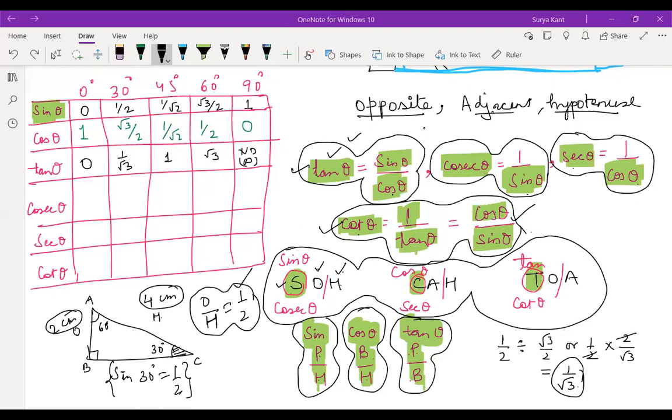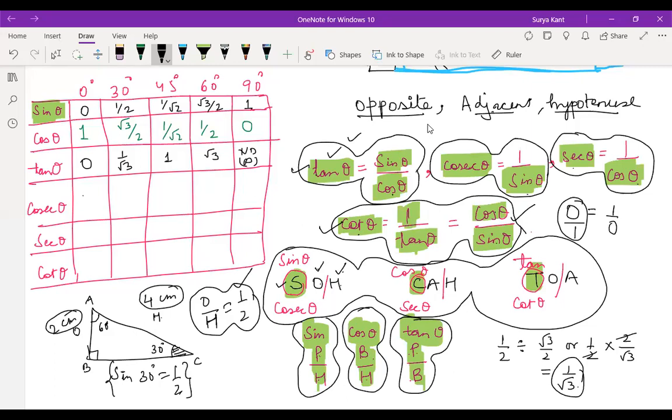0 is 0. Why 0 is 0? Not 0 upon 0. See, sine 0 is 0, right? So what is the reciprocal of 0? See, this is 0 by 1, so the reciprocal of this is 1 by 0.